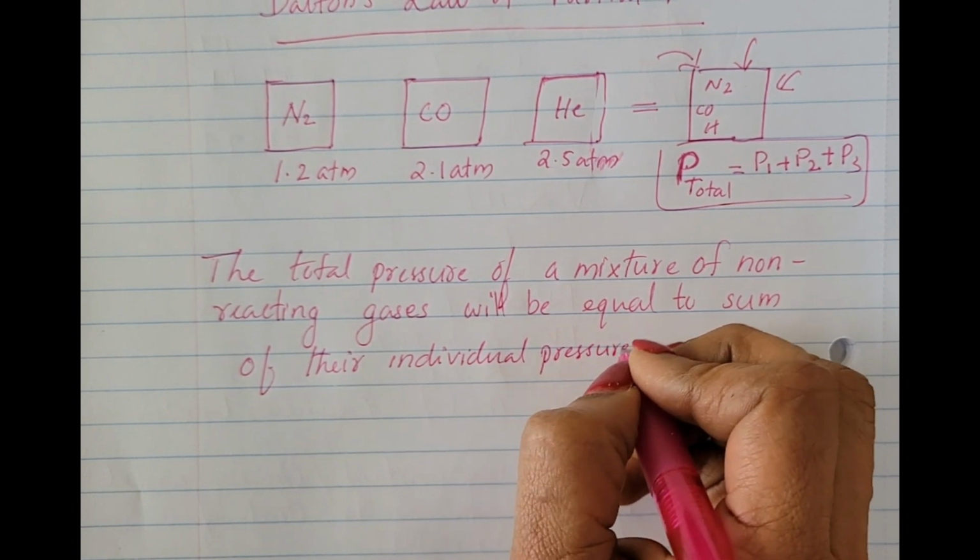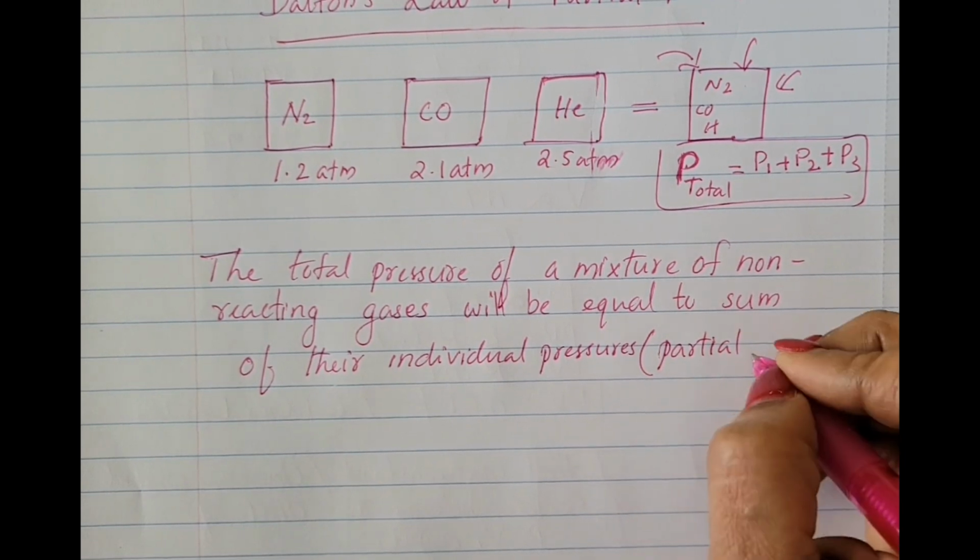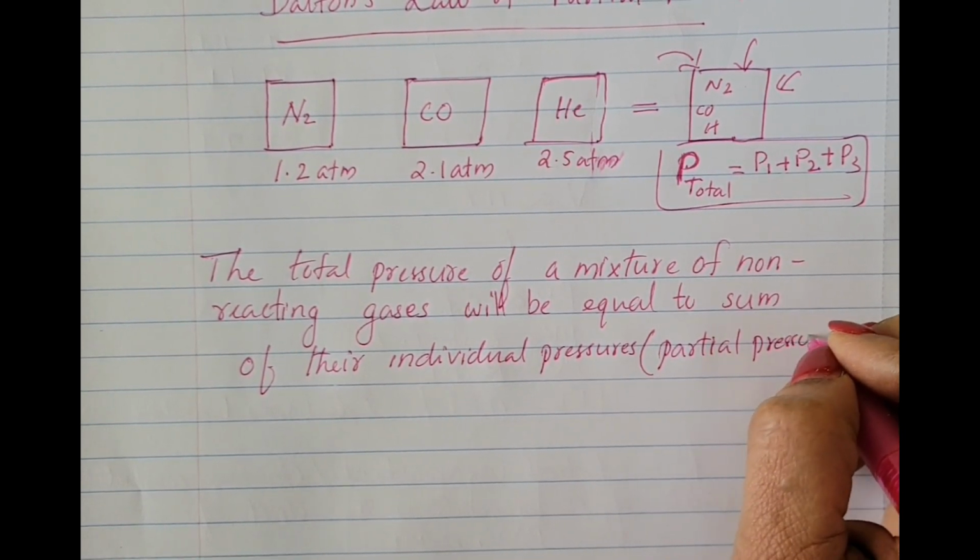The correct terminology for individual pressures is partial pressure. That's why we call it Dalton's law of partial pressures.